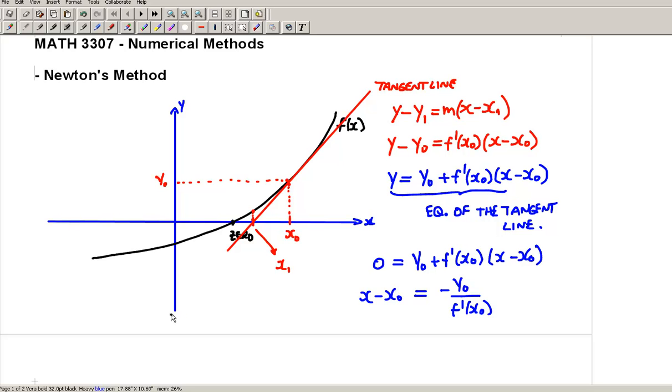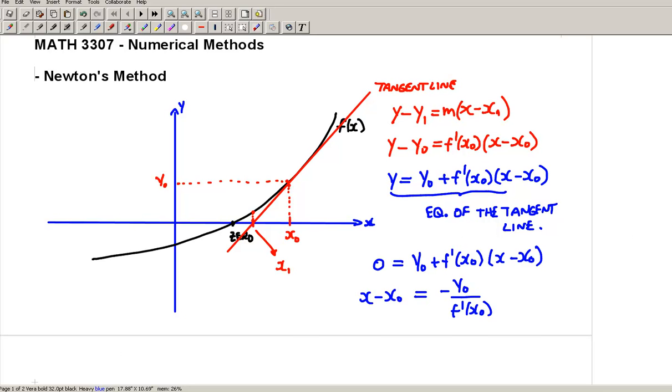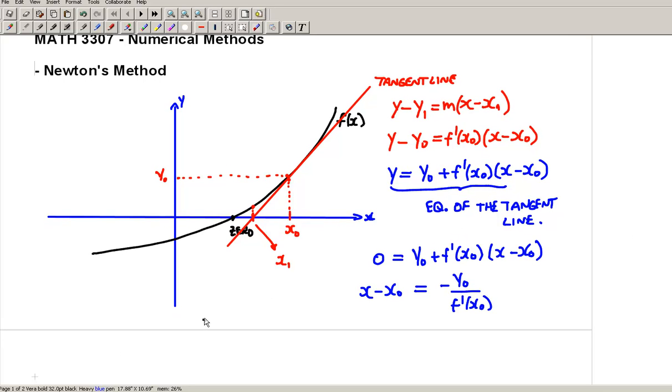Then move x naught to the other side, and that's the iteration for Newton's method: x equals x naught minus y naught over the derivative at x naught. So this is the new iteration.